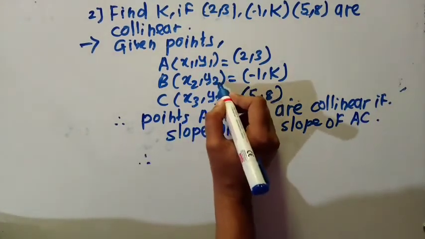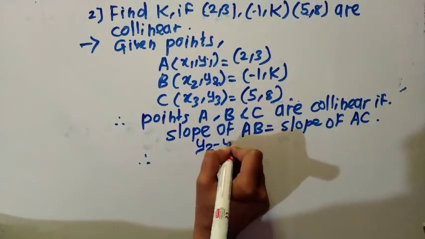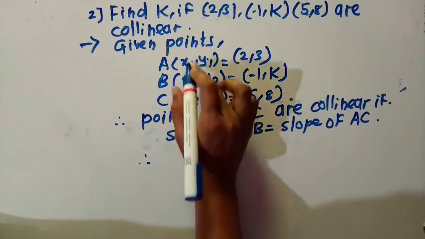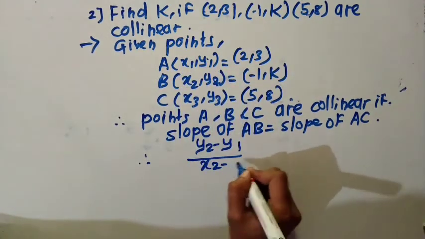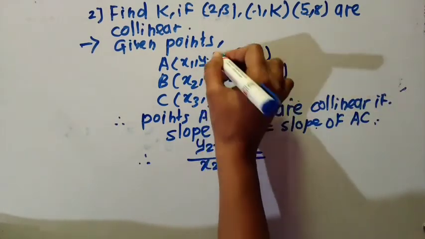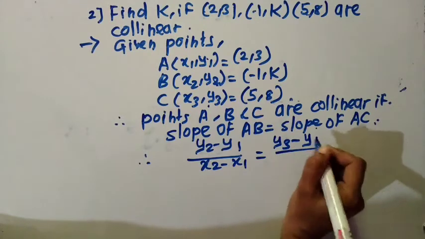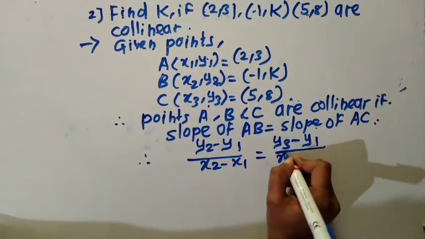Hence slope of AB is y2 minus y1 upon x2 minus x1, and slope of AC is y3 minus y1 upon x3 minus x1.